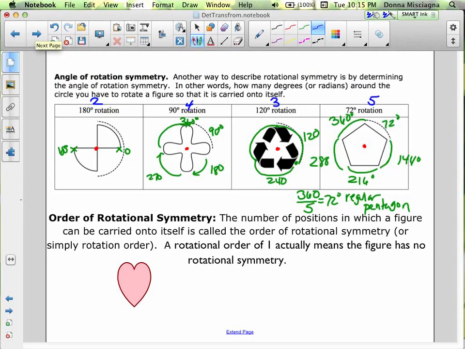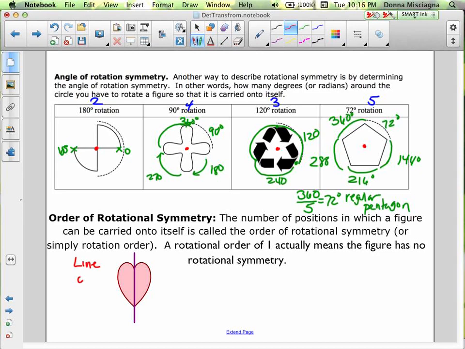So here I have my little heart here. And it does have a line of symmetry, right down this, well, not in that location. However, if I got a line tool out, it does have a line of symmetry right there. That would be a line of symmetry.